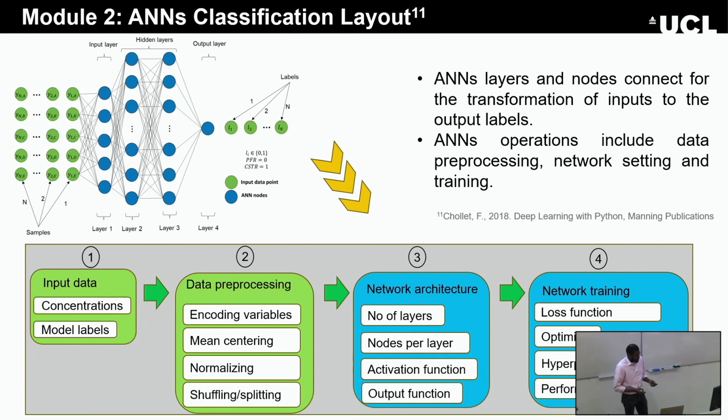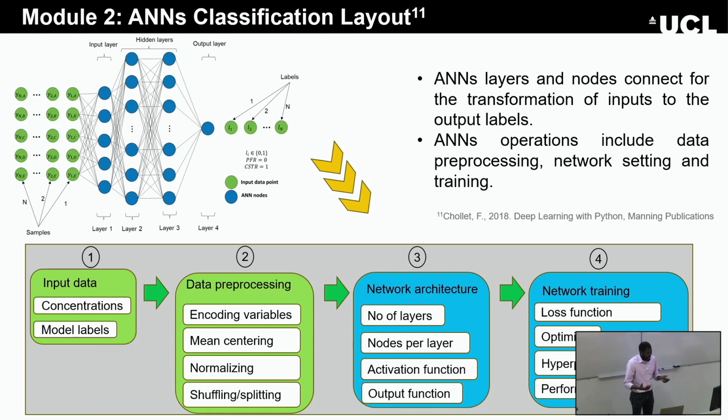So the operations taking place for running the ANN model are shown using these 4 steps, in which we have the input data, we have the data processing to encode different variables and to normalize and ensure that we have data for training and validation.